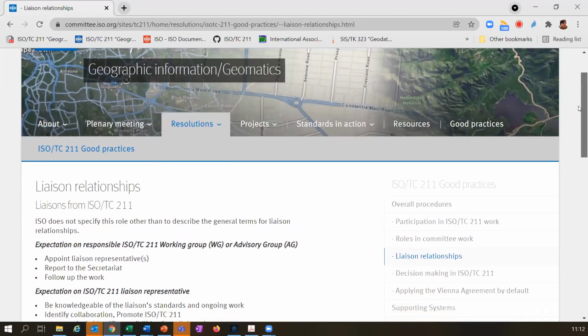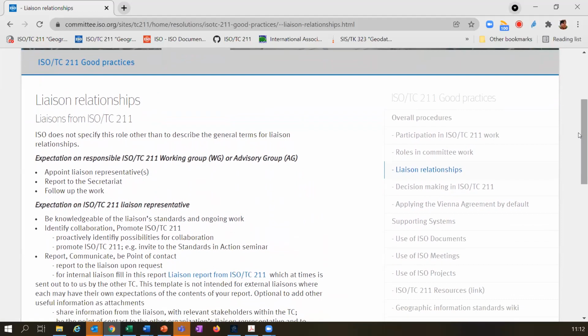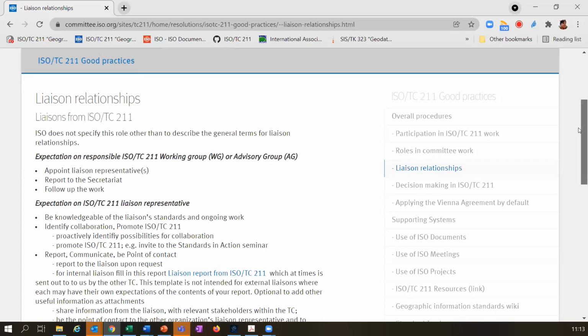We have a lot of liaisons with both ISO TCs, but perhaps more important in some ways are liaison organizations out there, which we work together with in many of our projects.